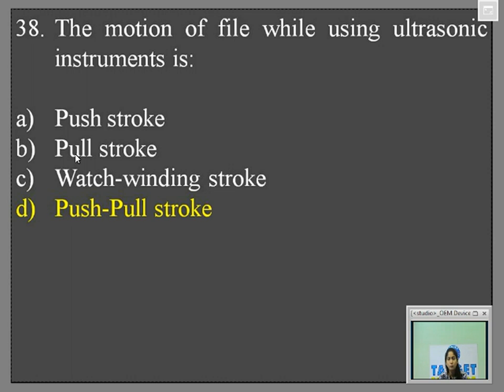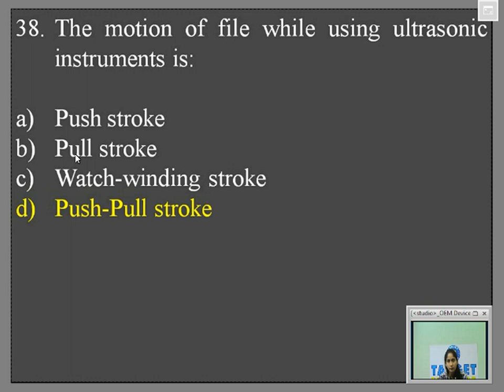Piezoelectric ultrasonic is more efficient, it is less heat producing, and it is used in a linear back-forth movement or push-pull stroke.